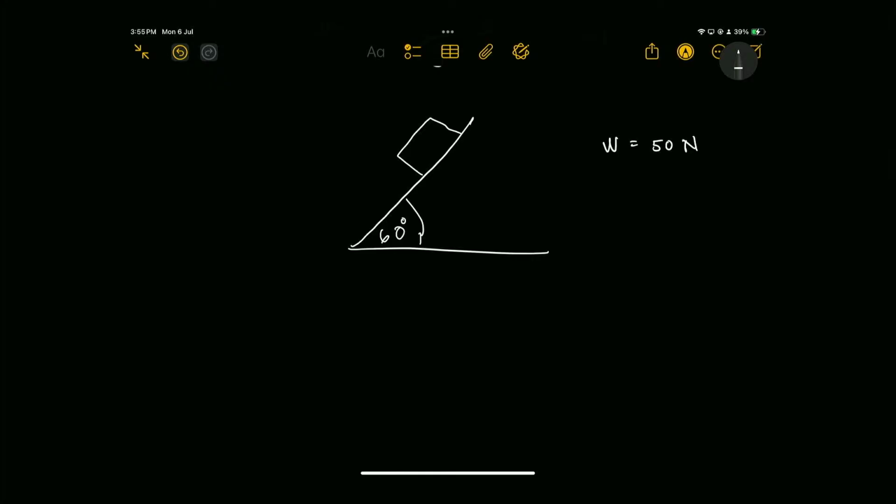Right? Now let us try to draw the forces on this box, acting on the box, that are parallel to the plane and perpendicular to the plane, and also draw the direction of the weight acting on the box, right? So I'll give you all a minute to draw it yourselves and then I'll do it.